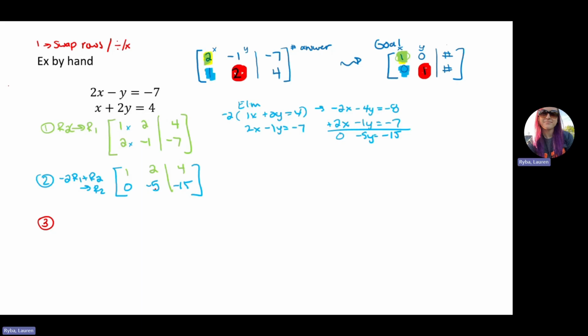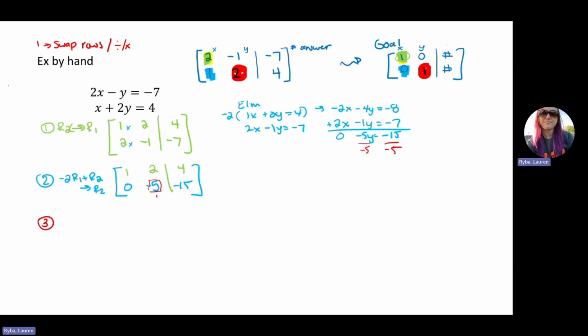So what I want to do is I want this guy now to turn into a 1. So if I were solving this equation, what would I do? Divide by what kind of 5? -5. I would be dividing by -5. That's exactly what I'm going to do over here.